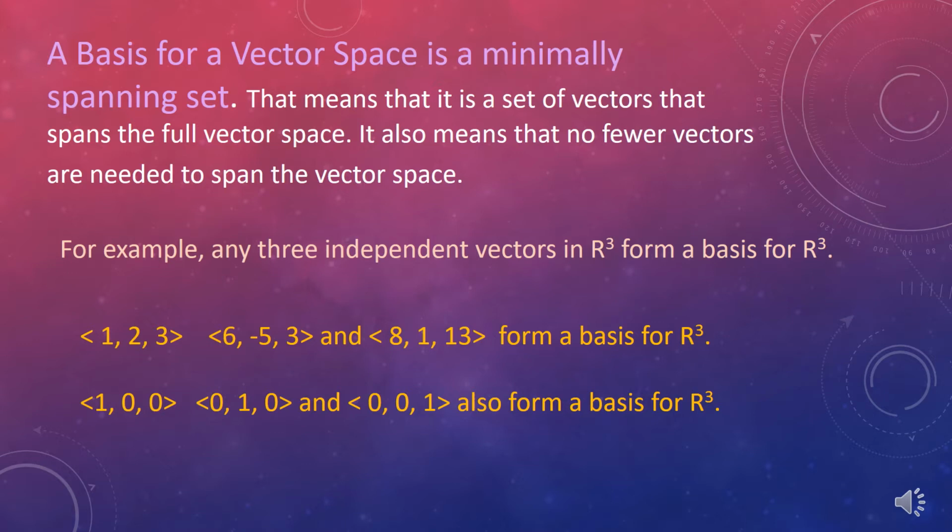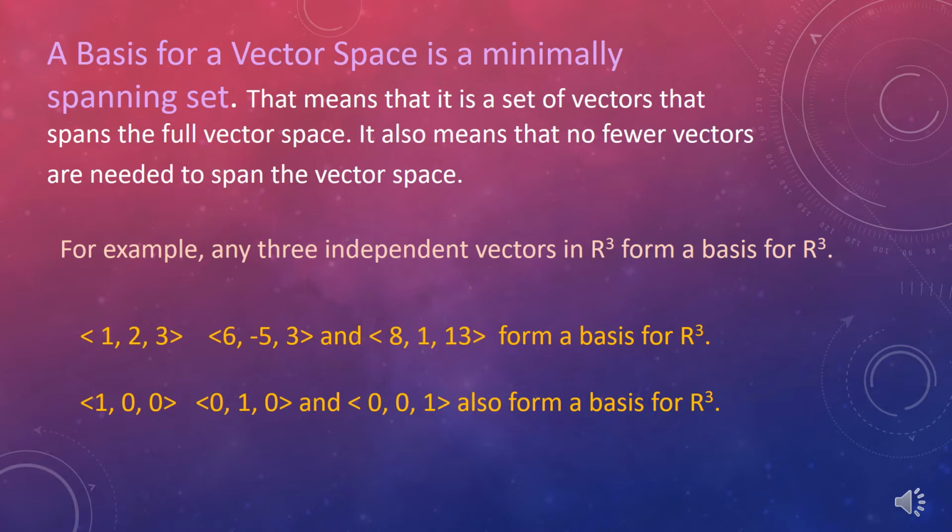Okay, what do we mean by a minimally spanning set? It means that it's a set of vectors that spans the full vector space, and no fewer vectors are needed to span the vector space. For example, any three independent vectors in R3 form a basis for R3.